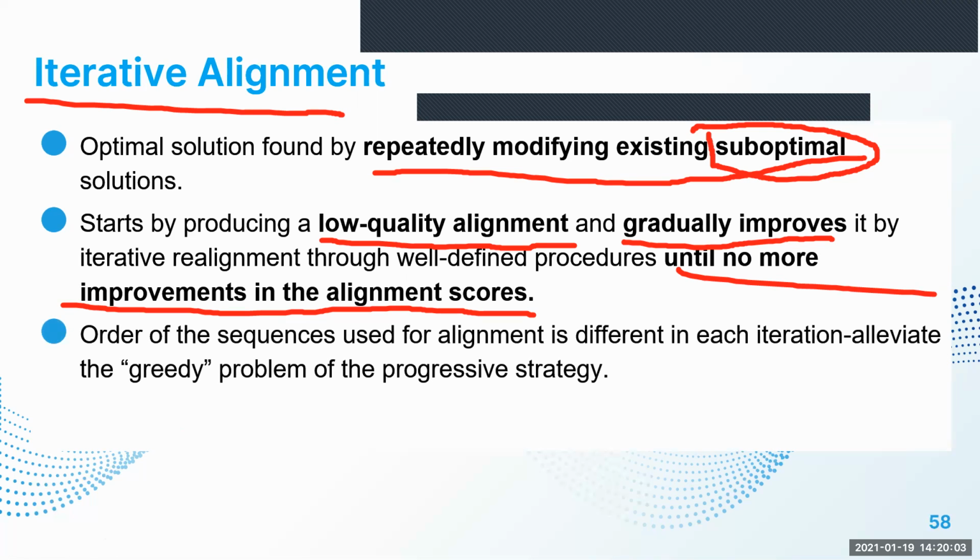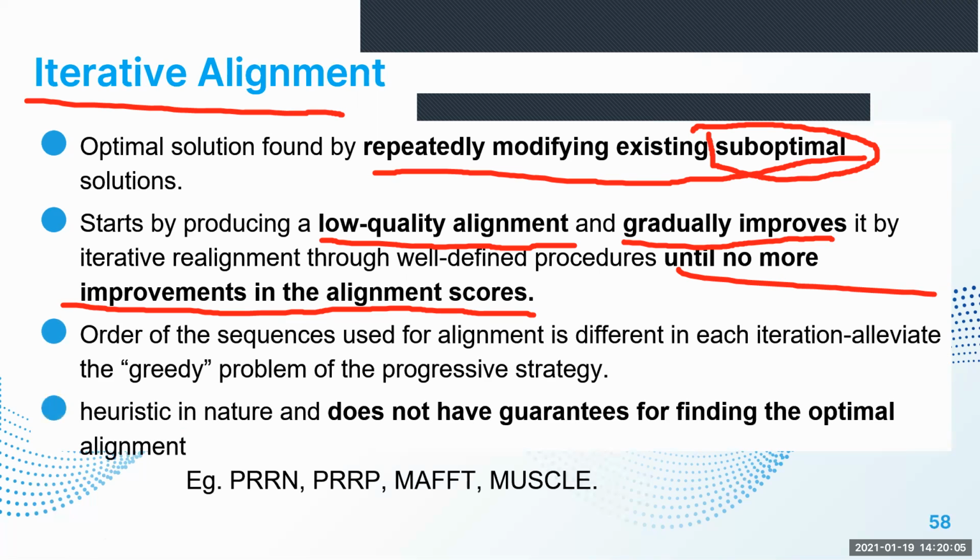So it is kind of a greedy approach, but it has some progressive strategies. Also, at some point they mentioned that this is not guaranteed to give us the optimal alignment.